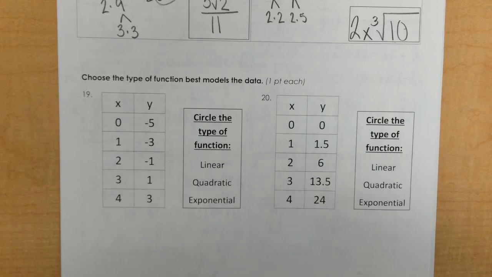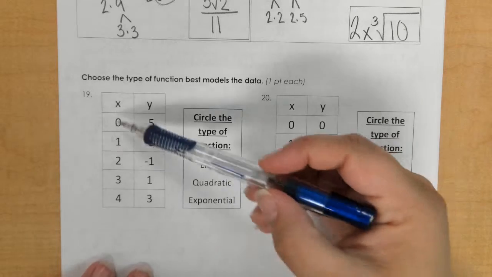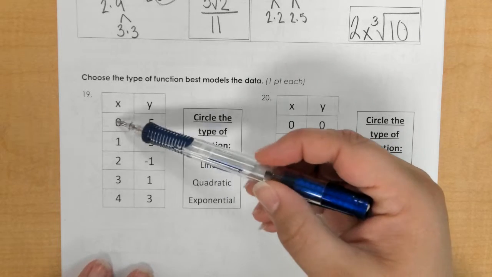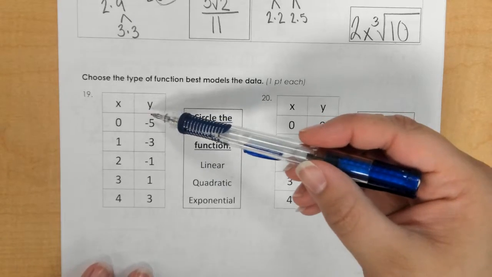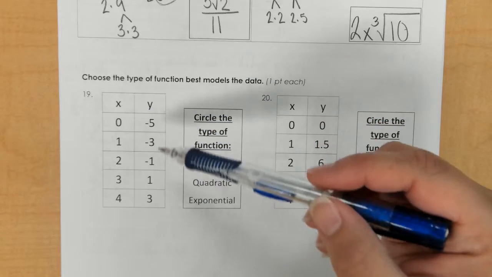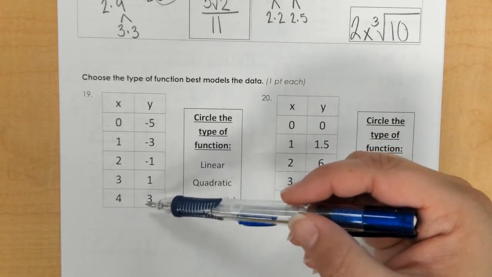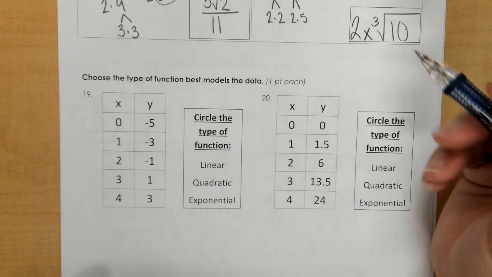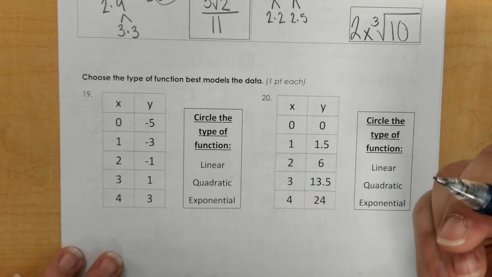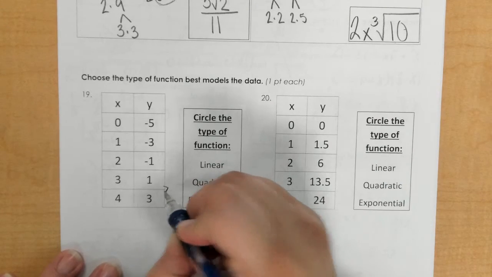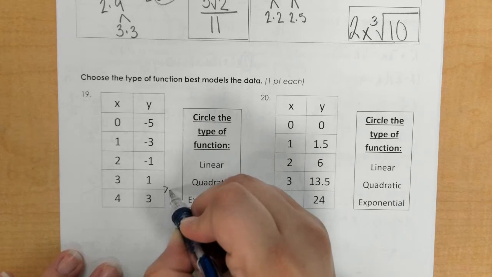For number 19 and 20, choose the type of function best models the data. So first, I check my x column, and I have a consistent pattern, increasing by 1 here. So now I check the y column, and I figure out what is the pattern here from -5 to -3, -1 to 1 and 1 to 3. I'm going to start with the positives because it seems easier. So from 1 to 3, I could multiply by 3 or I could add 2.